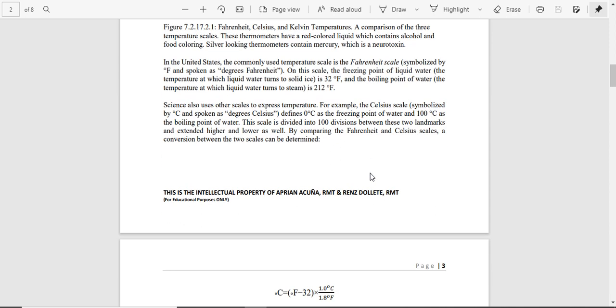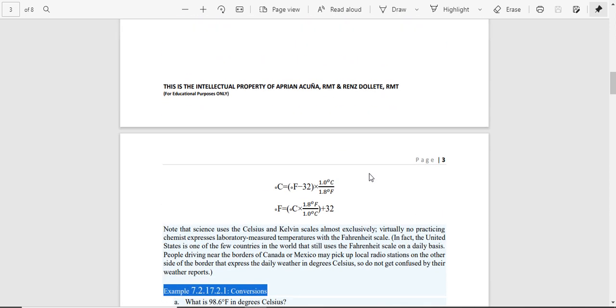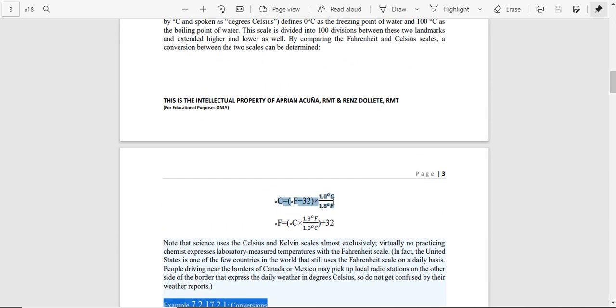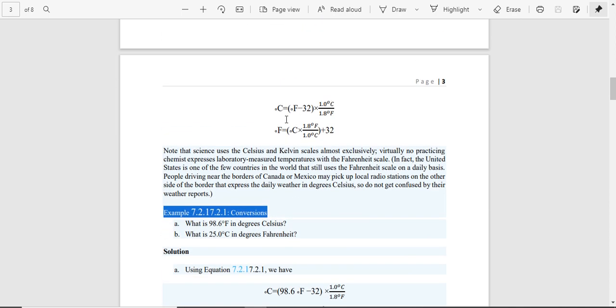Okay, so first formula that we'll be using is if you will be converting Fahrenheit to Celsius. If you're given Fahrenheit, the only thing you can do is convert it into Celsius or Kelvin.